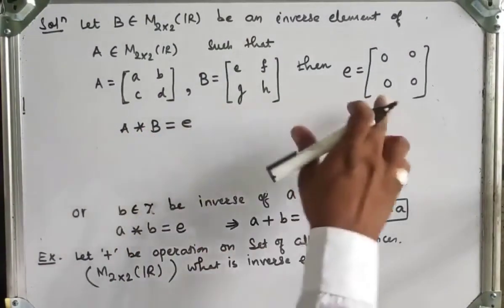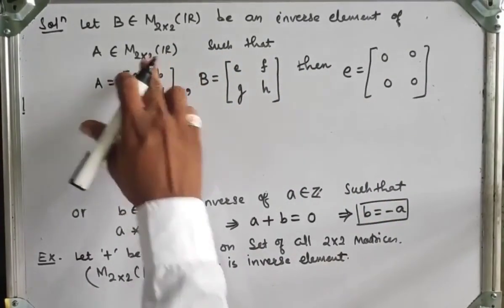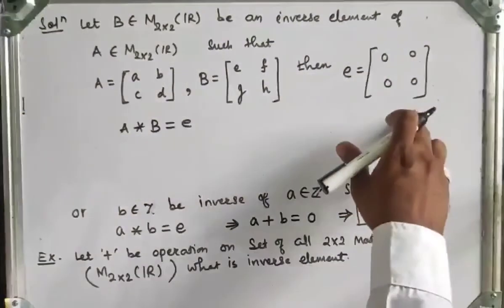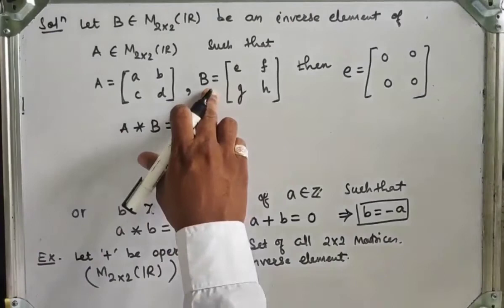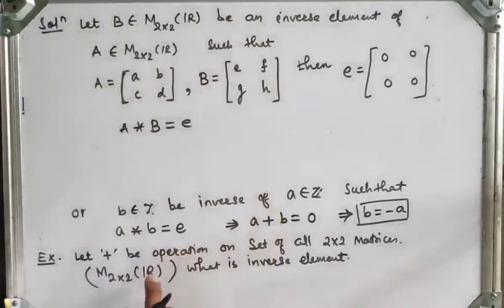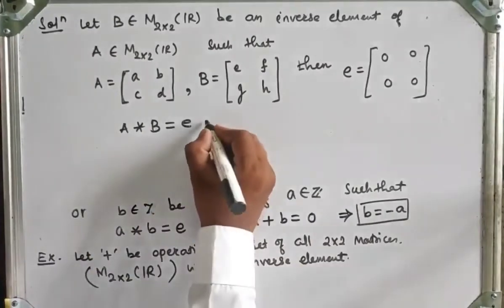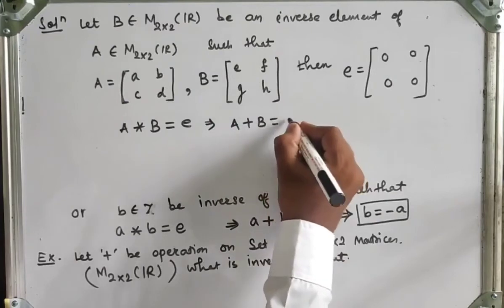So this is the set of 2 by 2 matrices over the entries R. The identity element is 0 0 0 0. So set A is A B C D. Now we have taken B as E F G H. What is the operation here? The operation is addition. So we will write A plus B is equal to identity.